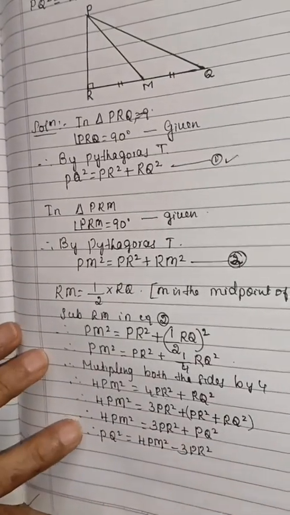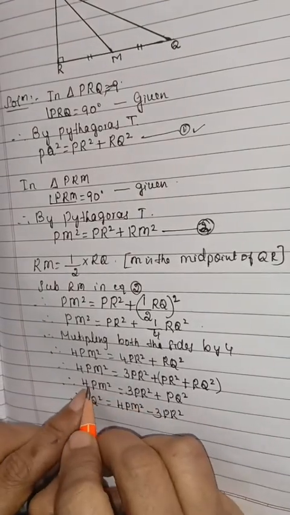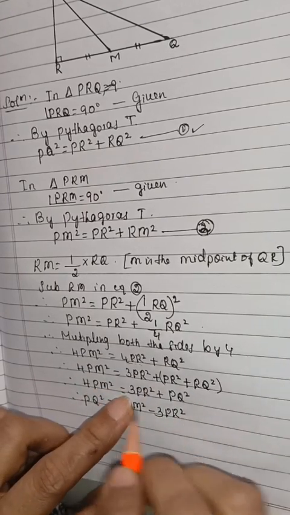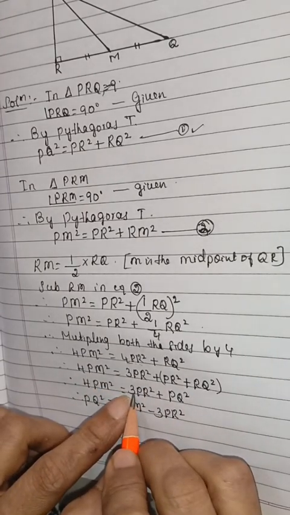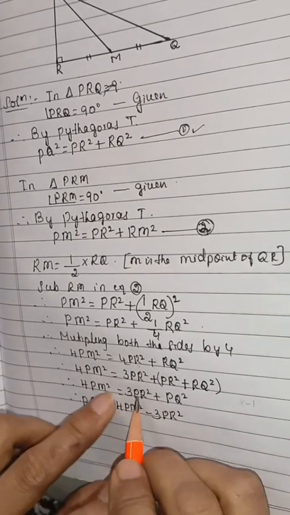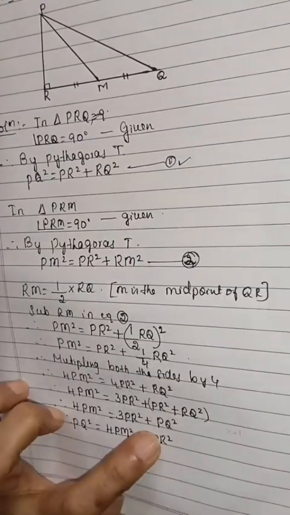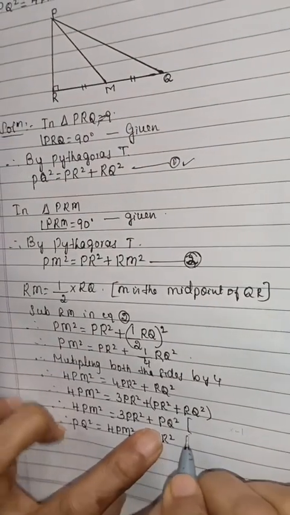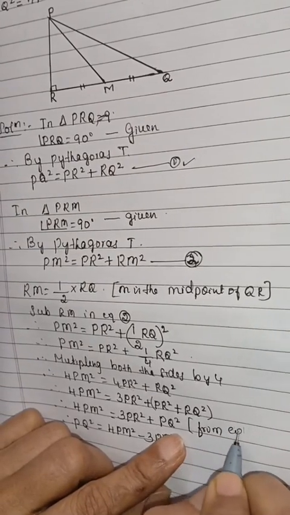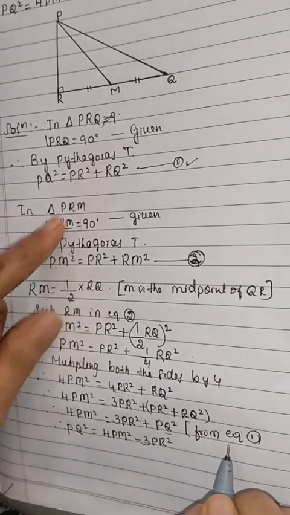If you write 4 PM square to the right hand side, it means minus 4 PM square, and then you multiply by minus 1, so that plus 4 PM square and minus 3 PR square. This PQ square is from equation number 1.